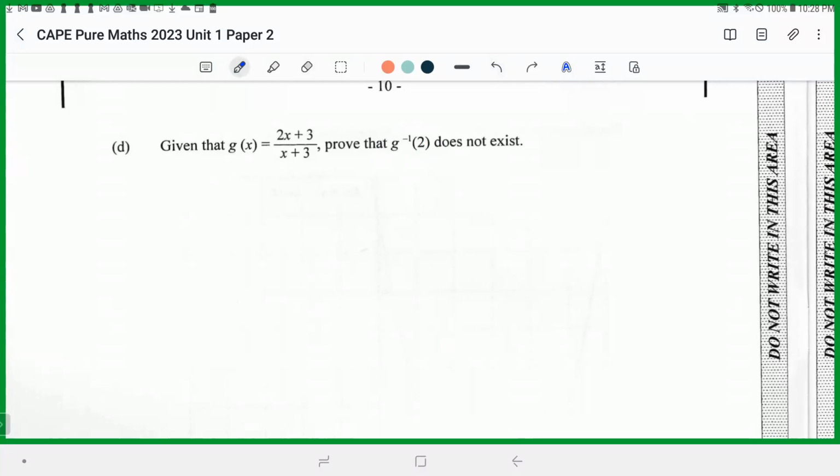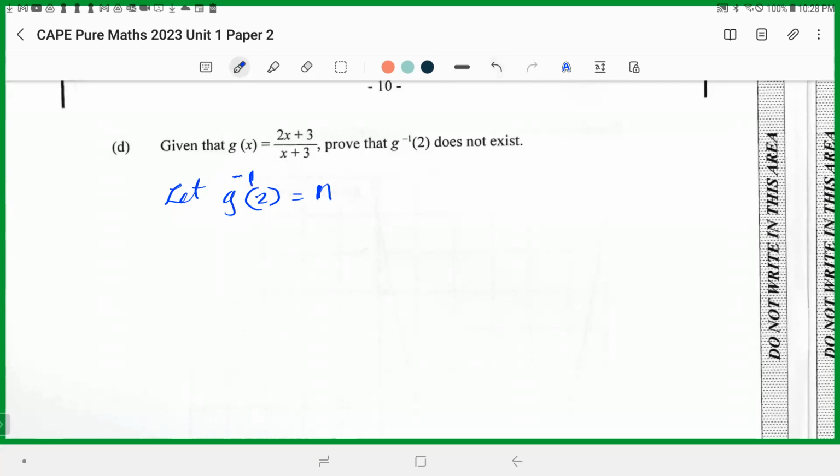I'm going to say, let g to the -1 of 2 be equal to some number n. I want to see if we can actually find that number. And they are telling us that the inverse exists.